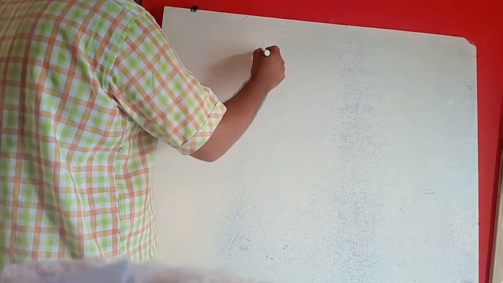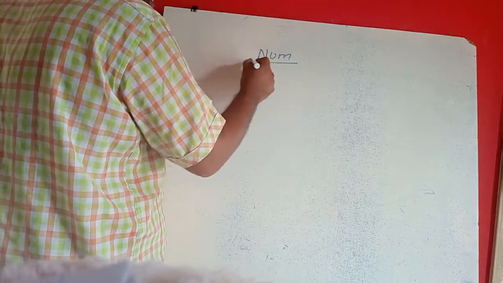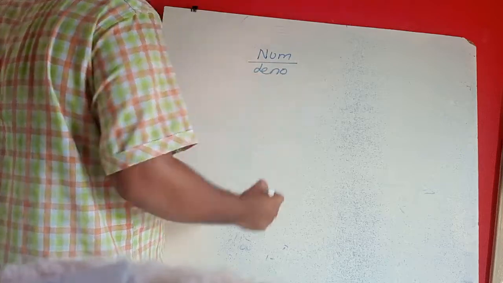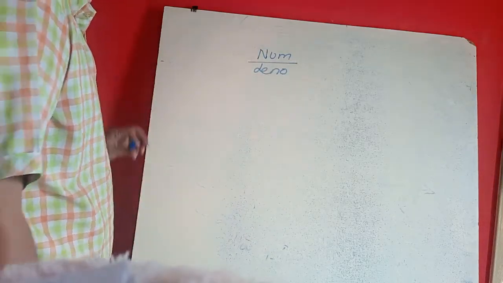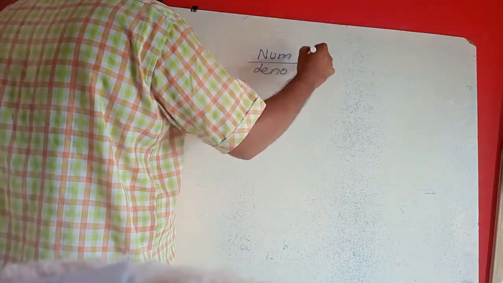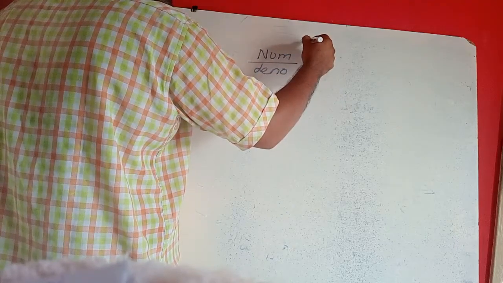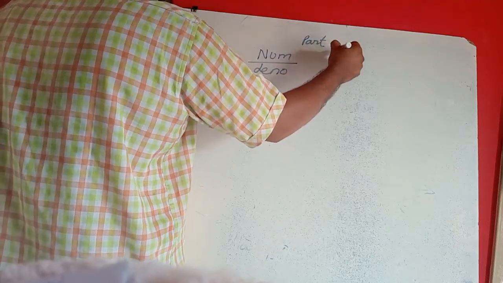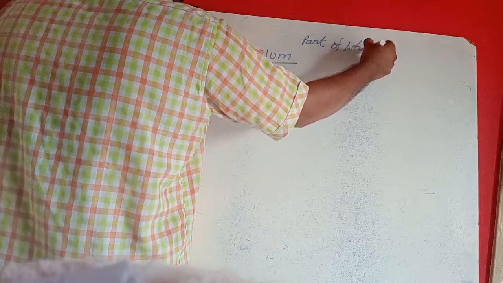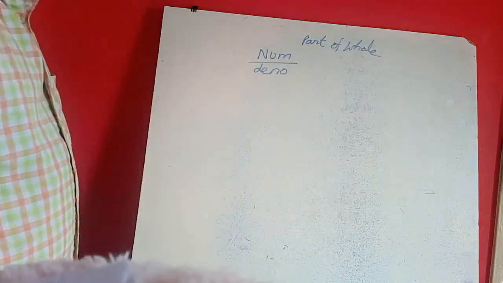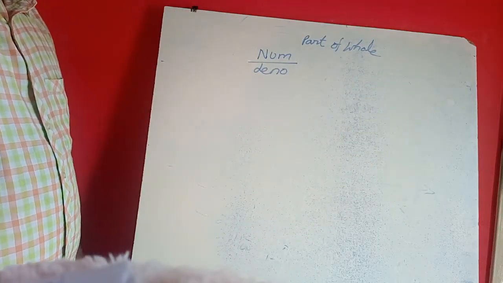Having one numerator and denominator is called a fraction. A fraction is a part of a whole. From the whole thing we are taking the fraction.